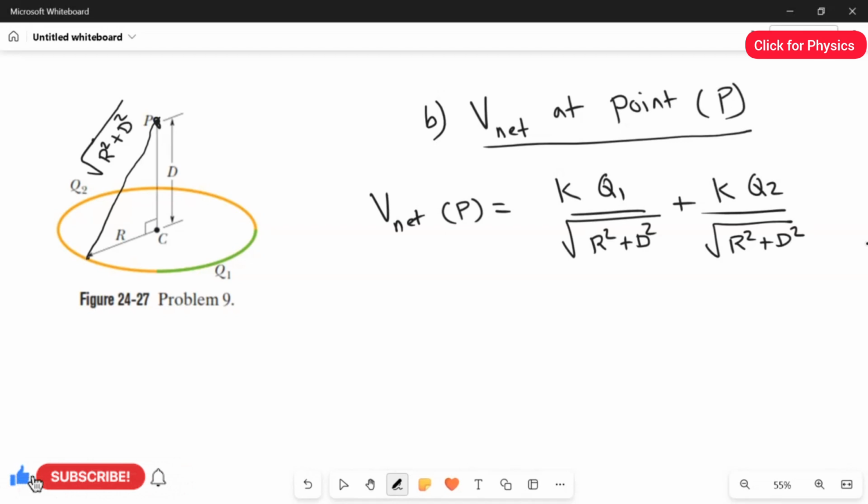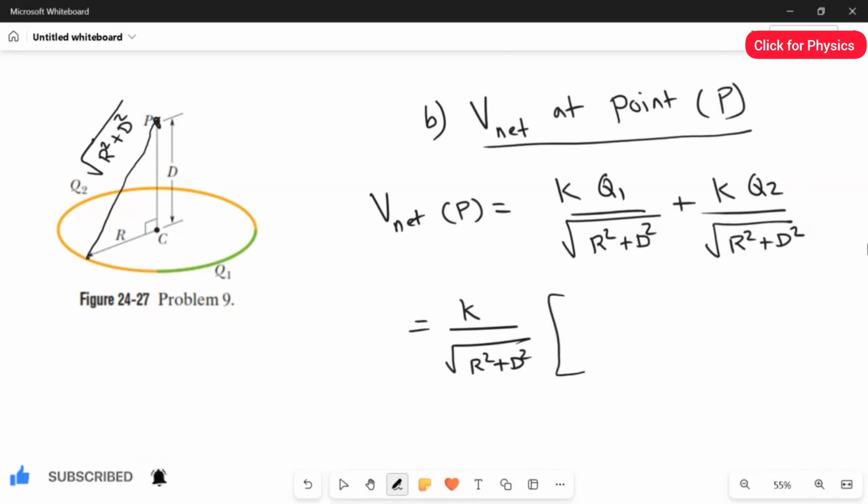Now I'm going to take the common term outside, which is K over root of R square plus D square, and inside the bracket we have Q1 plus Q2, right?